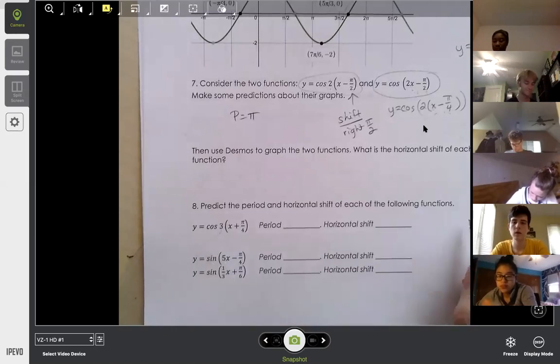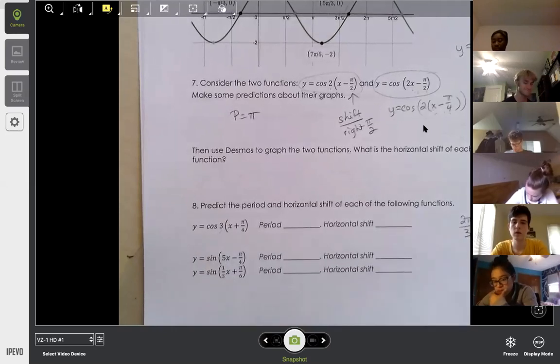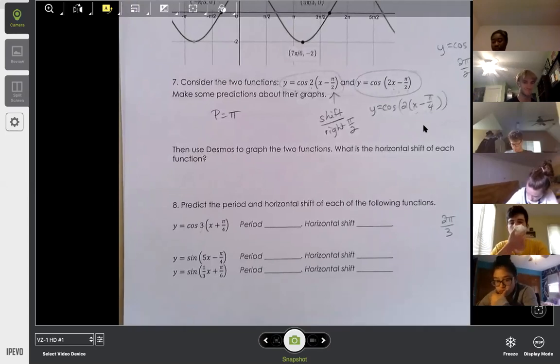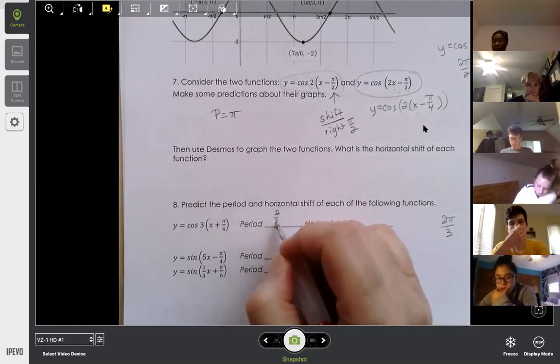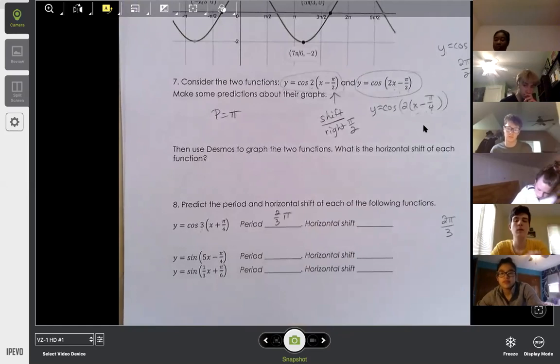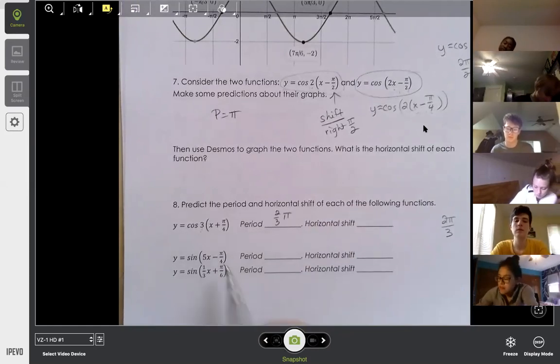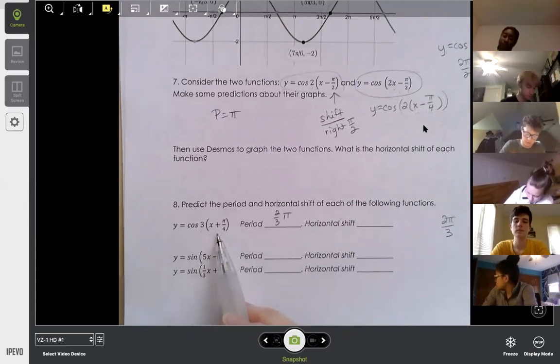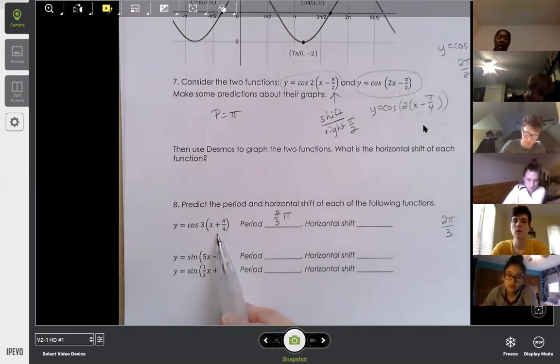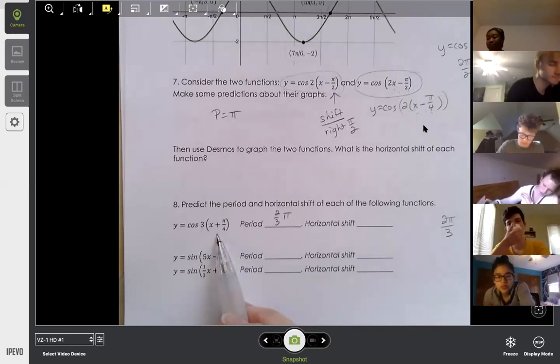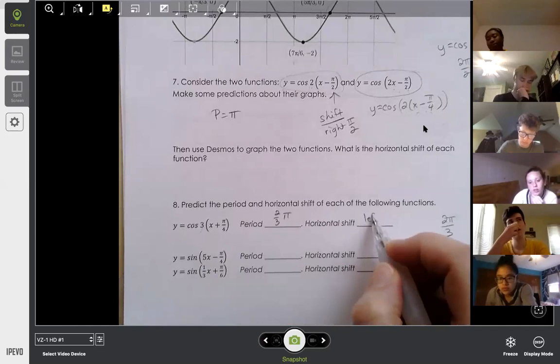The period is normally 2 pi. To make it smaller, I divide by that value. So I take 2 pi divided by 3. So the period is 2/3 pi. Is it in factored form? So therefore, I can just look at it to see the shift. Is it going left or is it going right? Tessa, which way is it going? It would go left. So it's going left, pi over 4.